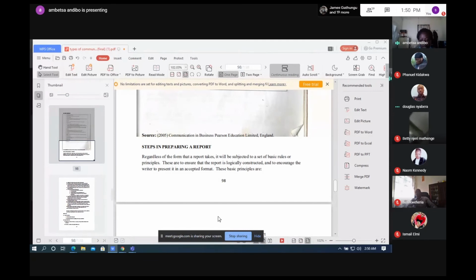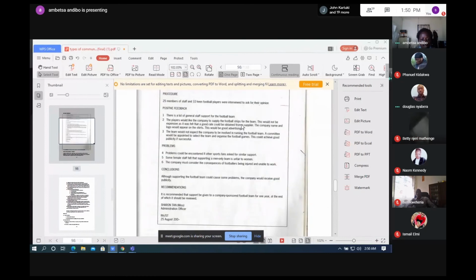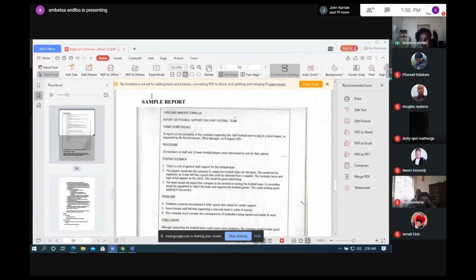The sample we are looking at now is in the schematic format. So whichever form of report you're asked to write, if you default to schematic, you're not going to fail because you'll have all the parts.